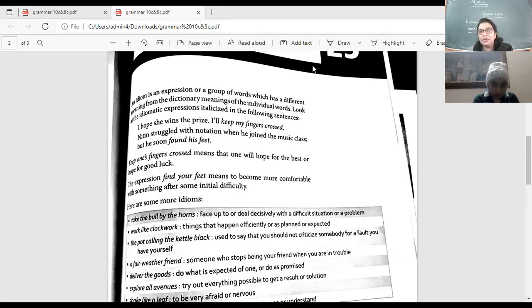When you look at an idiom, it is a group of words, and when you read them, you will think, what could it mean? How can I use it in a sentence? Let us not go by what the words say. We will understand the meaning of those words.